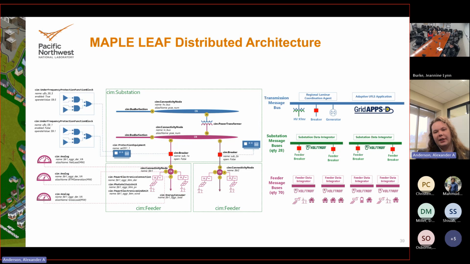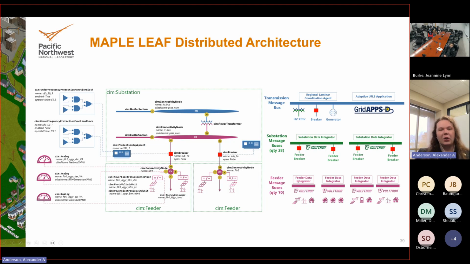But the first use case here is how the mapping of message buses to topology actually works. You have your centralized GridAPPS-D platform where you host the central coordination agent, and then individual substation-level message buses for each substation.